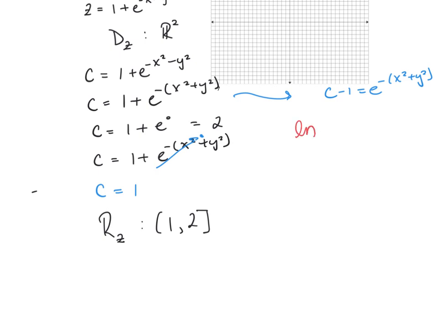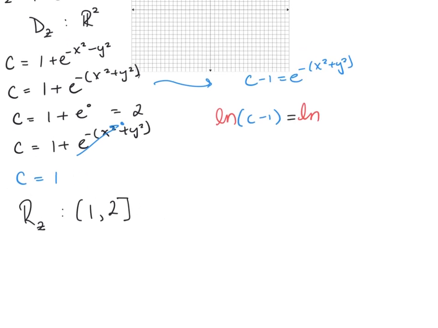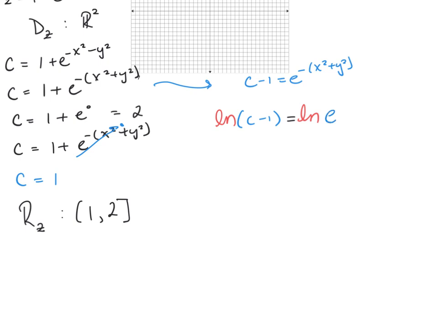So I have the natural log of c minus 1 is equal to the natural log of e raised to the negative x squared plus y squared. And again, the reason I'm trying to do this is I'm trying to figure out what the shape would look like, so that I can make my life a little bit easier by not just arbitrarily choosing values of c and trying to solve. If I can have an idea of what the shape looks like prior to that, it's going to make my life a little bit easier.